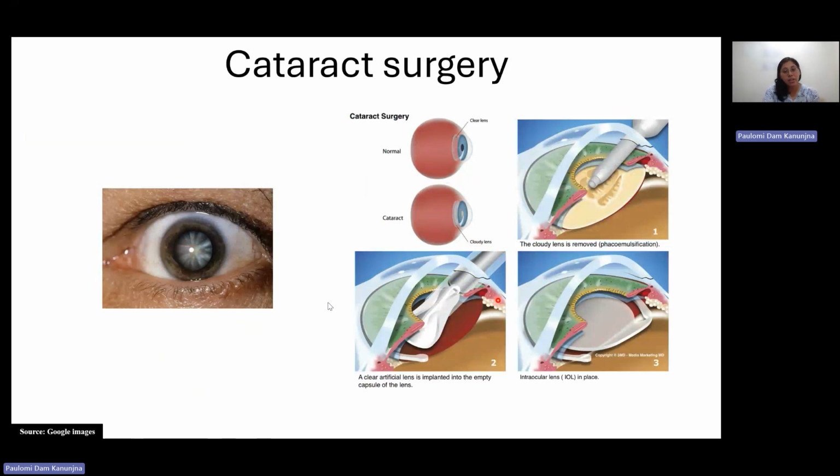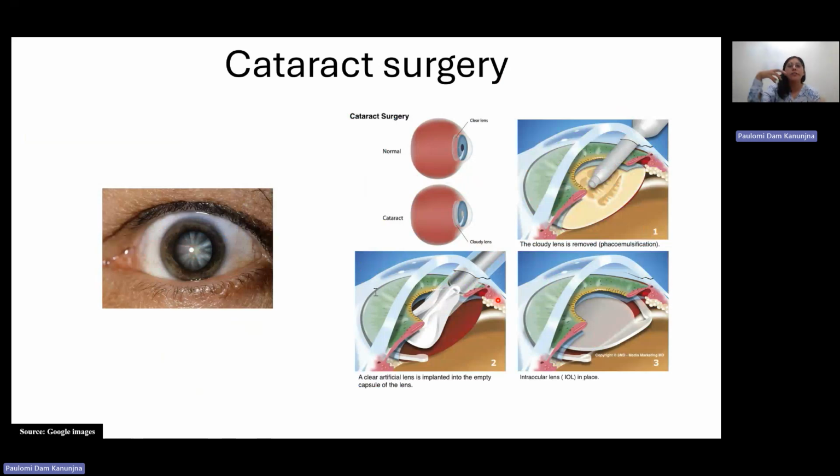You can also have cataract from oxidative stress, like UV exposure, smoking, and diabetes. Once you have cataract, with a cloudy lens, there will be blurred vision. You will have sensitivity to light. Your colors will fade, you will start seeing a very black and white kind of vision, and double vision because you're not able to focus. So you need cataract surgery.